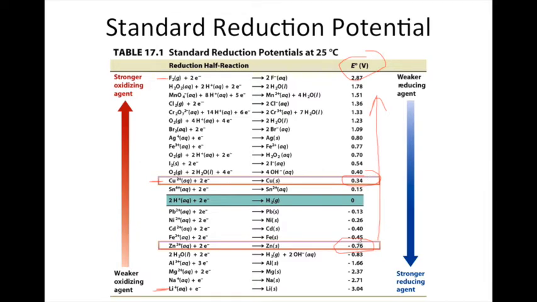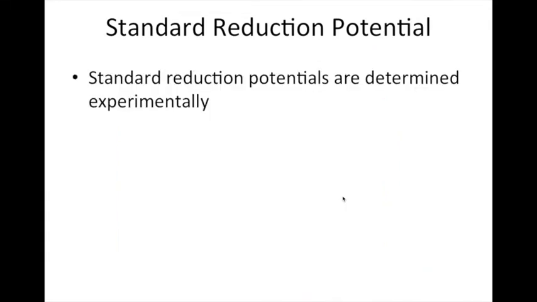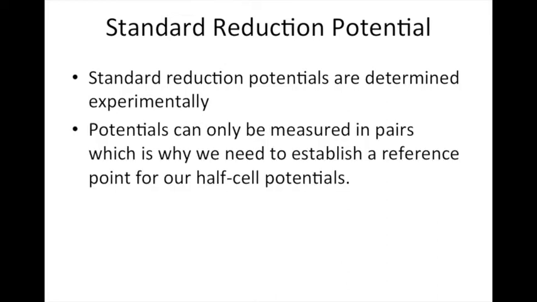Now we'll talk more about this in just a second, but notice this hydrogen half reaction is assigned a standard reduction potential of 0. We'll come back to that in a minute, but that's important to note. So standard reduction potentials are determined experimentally. In order to determine it, you can't just look at one half reaction. You have to pair that half reaction up with something else.